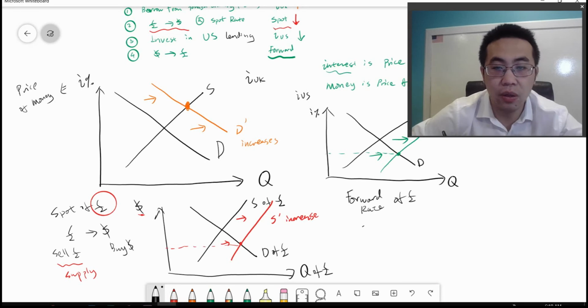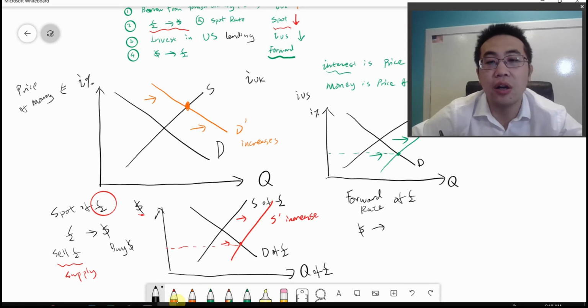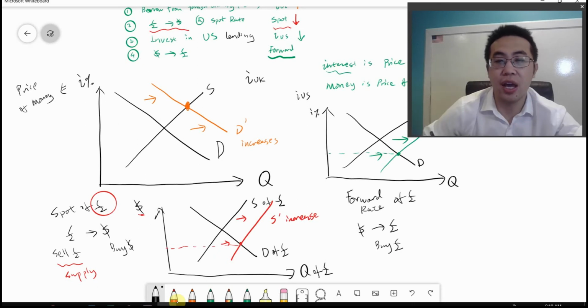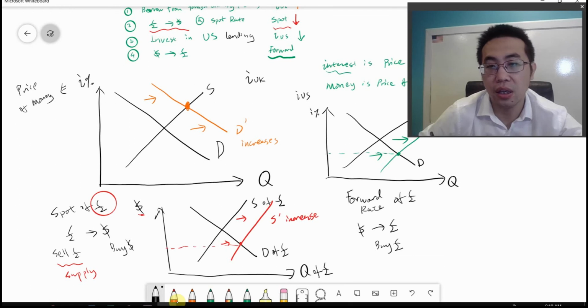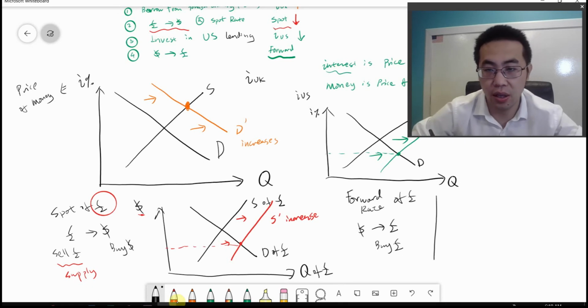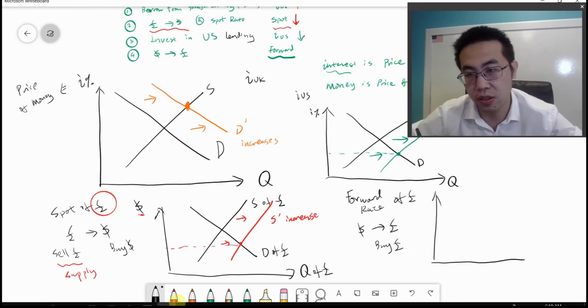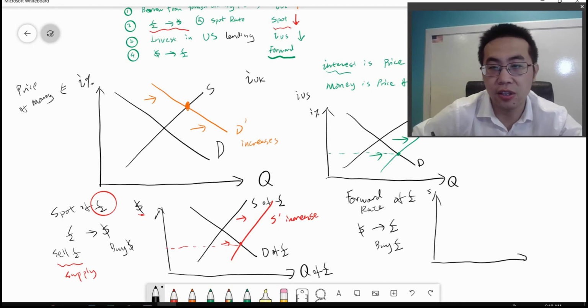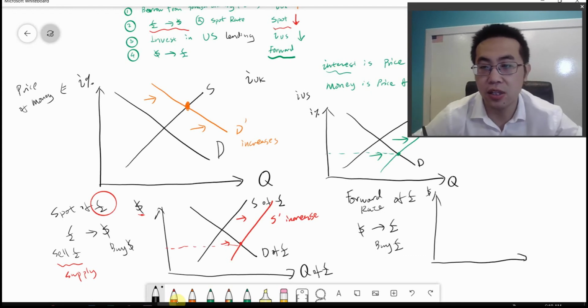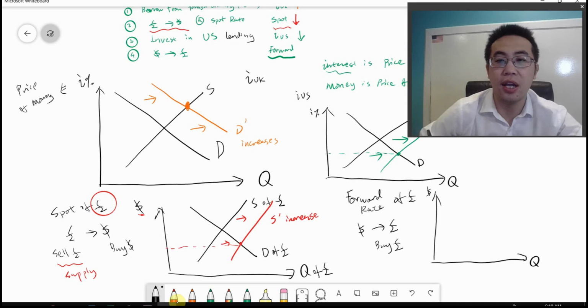If people convert dollar to pound, that basically means they are buying pounds and simultaneously selling dollars. And we are interested in the price of a pound. So let me just draw this. This is for the forward market. Again, this is a dollar price per pound, and this is a quantity of a pound.